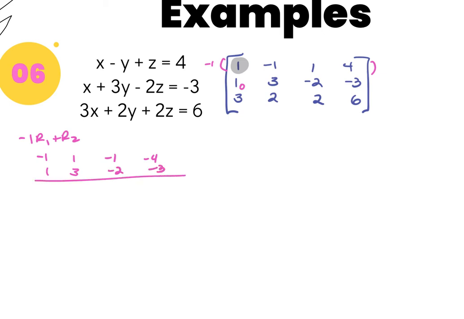You could have also done -1 times row 2 and added it to row 1. It would still give you a 0 in that spot. It would have different numbers next to it, but the 0 would still be there. So 0, 4, -3, -7. And that can replace row 1 or row 2. Row 2 is what we were trying to replace. So I'm going to rewrite row 1, change the new row 2, and then rewrite row 3.